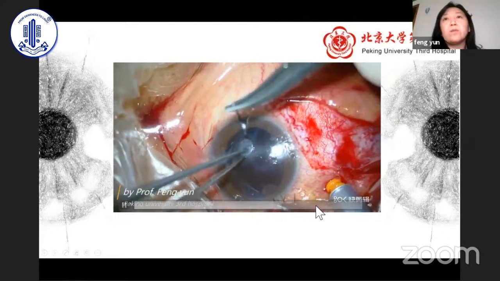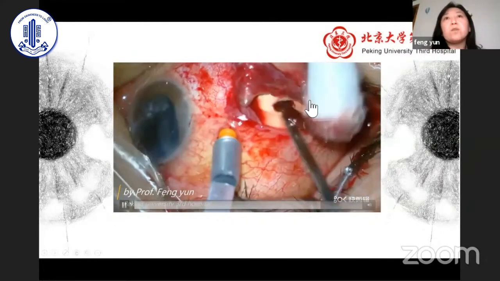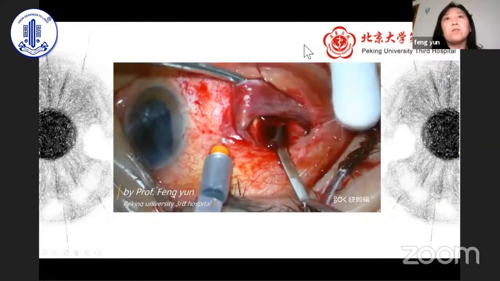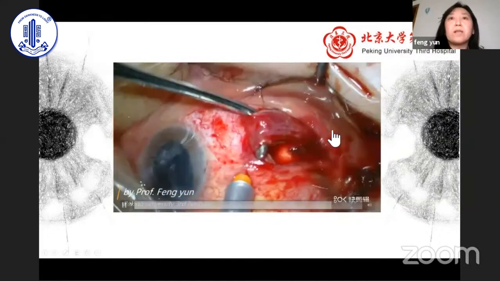We only use this one small wound to get all the hemorrhage out. So it's a typical technique.